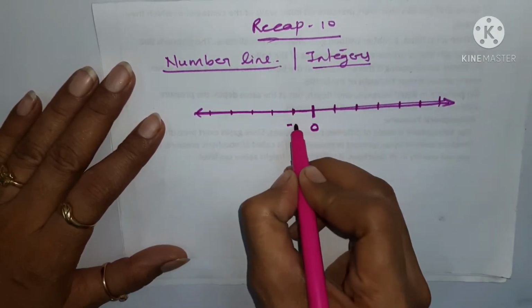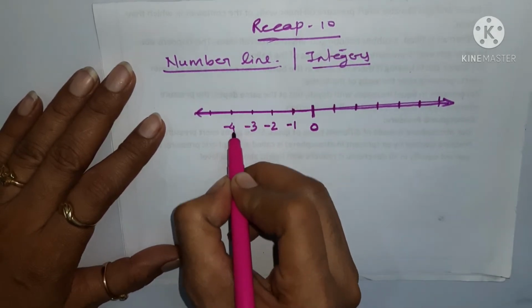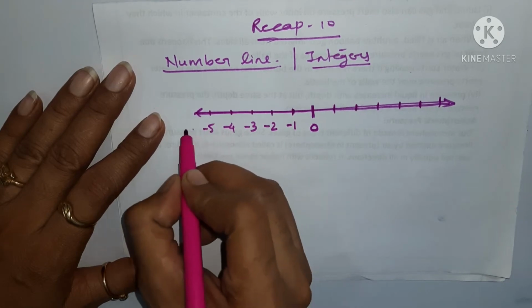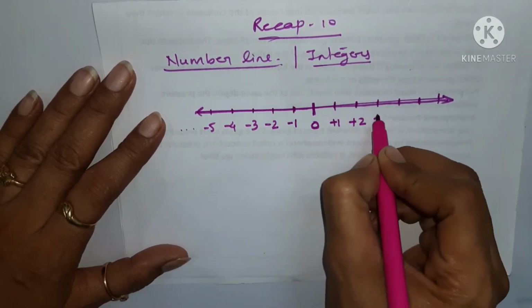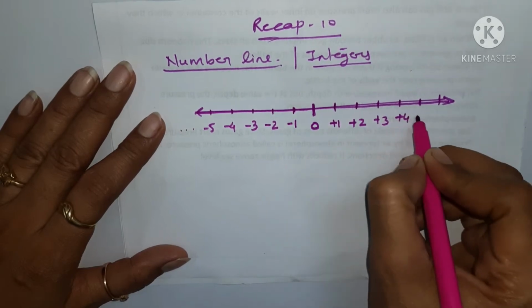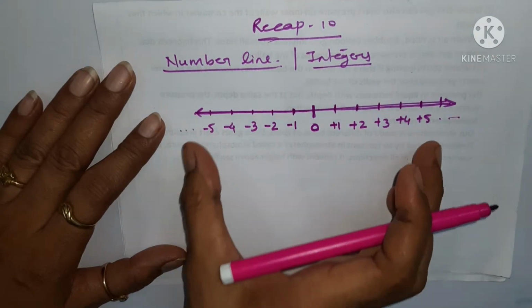So here it is -1, -2, -3, -4, -5, and so on. Here it is +1, +2, +3, +4, and +5, and so on. So this is the number line.